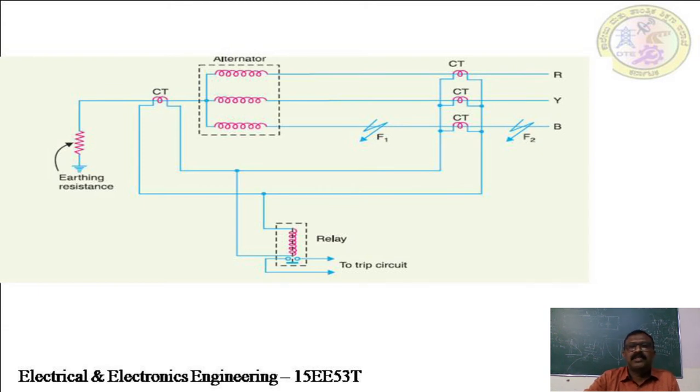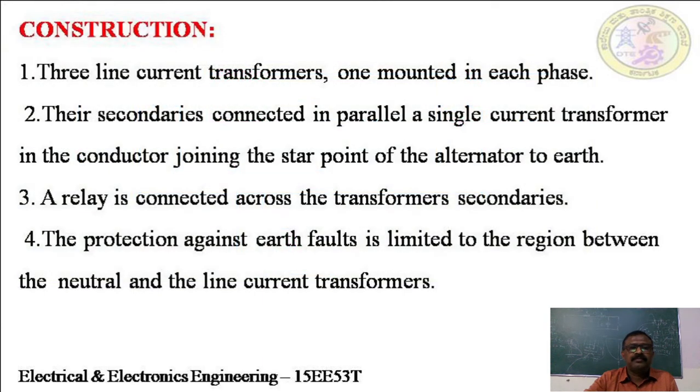We have 3 phases R, Y and B, and we have taken 2 faults, F1 and F2. F1 is within the protected zone, and F2 is away from the protected zone. See, this is the difference in balanced earth fault protection.